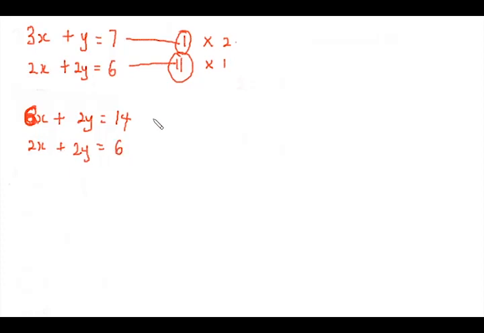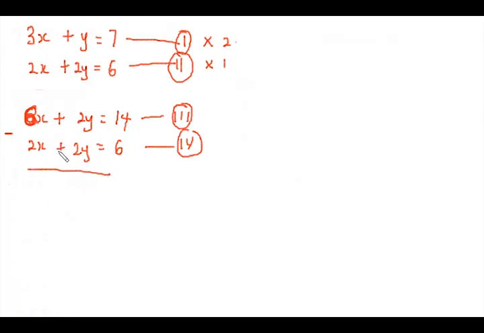I could say this is equation 3 and this is equation 4. It doesn't really matter. My constants for the y variable are now equal. I could say 2y minus 2y to eliminate my y variable, so I'll be using a negative sign.